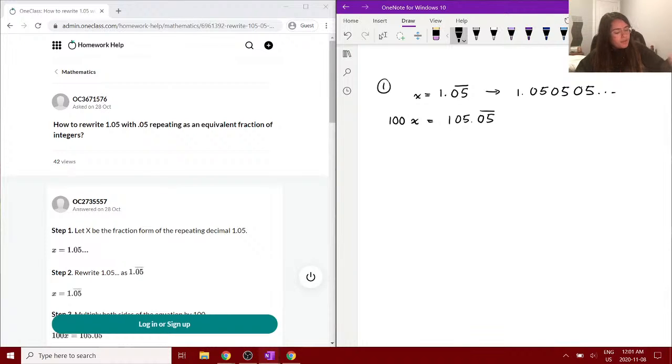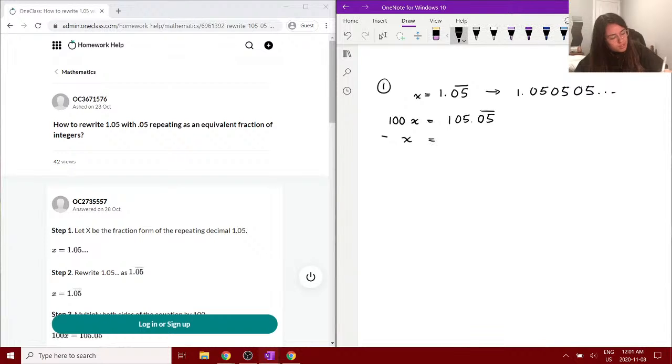Okay, and then now that we have this statement, what we can do is subtract the original equation for x here, okay?